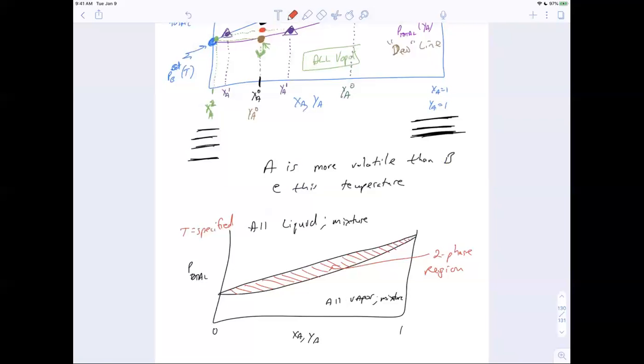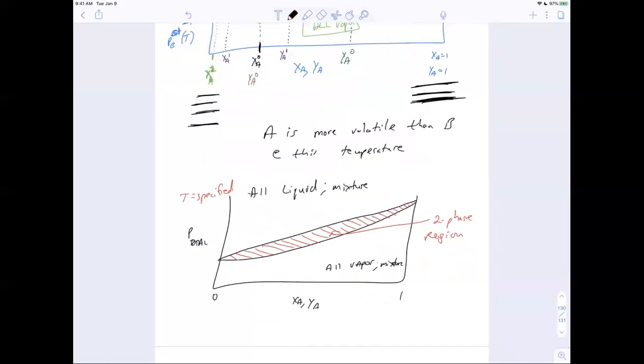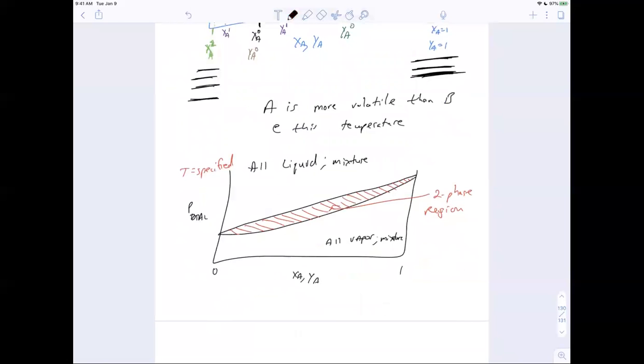Any need for clarification? Because I want to go into now addressing the question of, well, the phase diagram tells you something about composition and pressure and temperature, but it really doesn't tell you about what might happen if you start with a certain amount of, let's say, liquid.